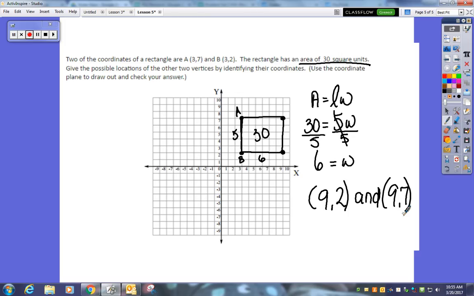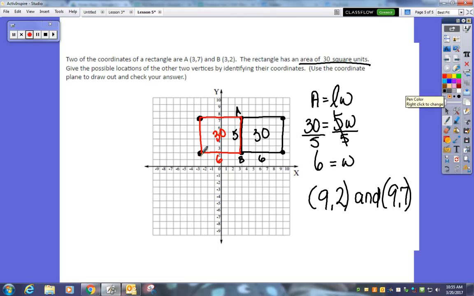Another way we could do it is instead of moving to the right 6, we can move to the left 6 from those original points. So 1, 2, 3, 4, 5, 6 would put us here. And then 1, 2, 3, 4, 5, 6 would put us here. So again, we are creating another rectangle with 5 by 6 dimensions, which would give us an area of 30.